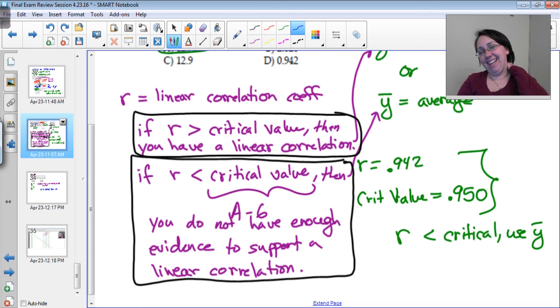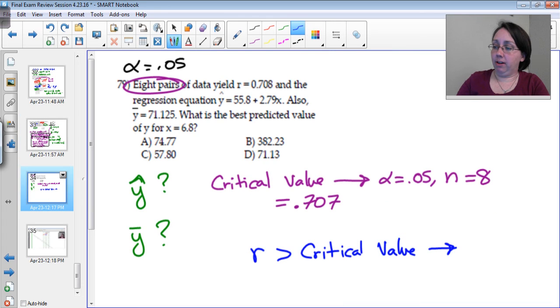The y hat, yeah. You use the line. If R is bigger, that means you have significant evidence. So R is bigger, so we're going to use the line. So we use y hat.